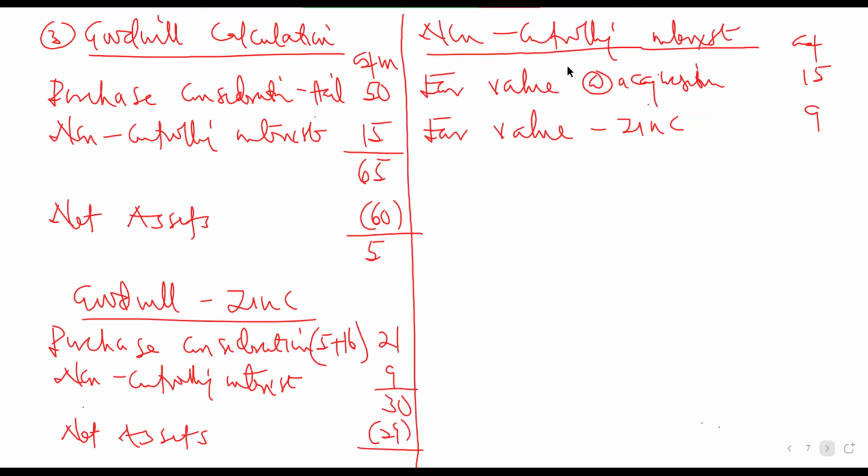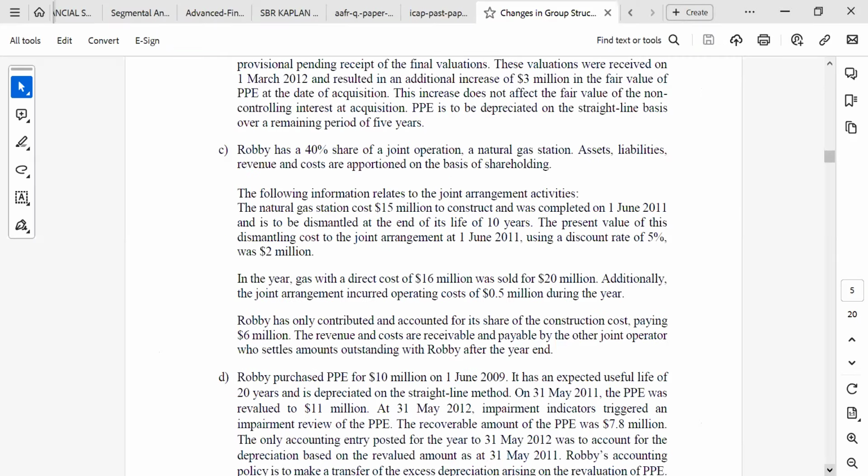What will be the goodwill for them? That should be 1. Okay, so we don't have to do anything. Let's come to the C.